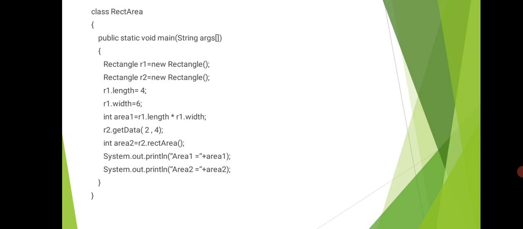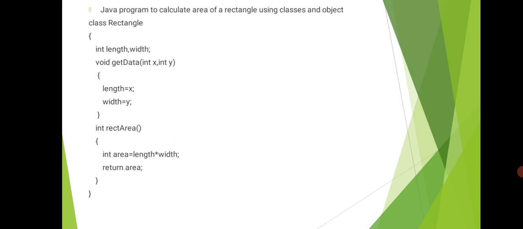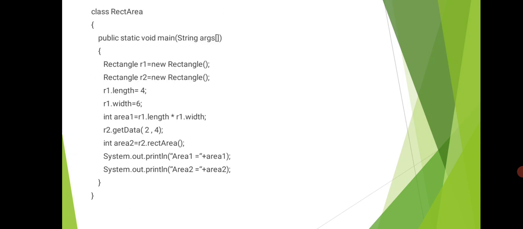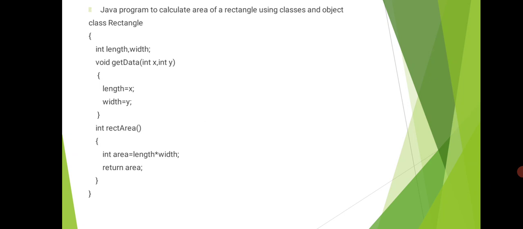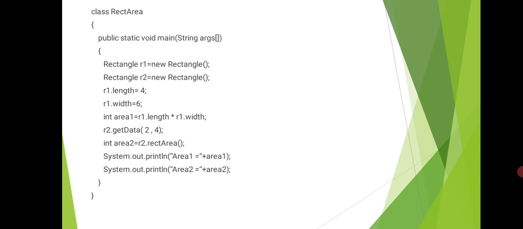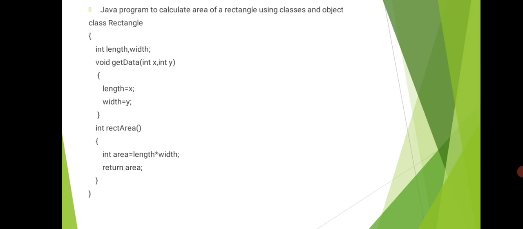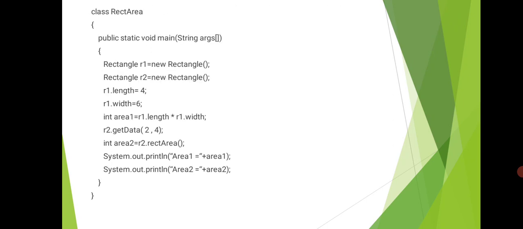So r2 dot rect area means it will invoke this method, rect area method, and in this it calculate the area of a rectangle. r2 in a length width ಎಷ್ಟಿದೆ, that is r2's length is 2 and r2's width is 4. 4 and 2 is multiplied and the result is returned to the ಏರಿಯಾ 2. ಸೊ ಅಲ್ಲಿ ಏರಿಯಾ ಕ್ಯಾಲ್ಕುಲೇಟ್ ಆಗಿರೋದು ಇಲ್ಲಿ ಏರಿಯಾ 2ಗೆ ಅಸೈನ್ ಆಗುತ್ತೆ. ದೆನ್ ವಿ ಪ್ರಿಂಟ್ ದ ಸ್ಟೇಟ್ಮೆಂಟ್ಸ್, ದಟ್ ಈಸ್ ಏರಿಯಾ 1 ಈಕ್ವಲ್ಸ್ r1 ಇನ್ ಏರಿಯಾ ಪ್ರಿಂಟ್ ಆಗುತ್ತೆ, ಏರಿಯಾ 2 ಈಕ್ವಲ್ಸ್ r2 ಇನ್ ಏರಿಯಾ, ದಟ್ ಈಸ್ r2 ಏರಿಯಾ ಈಸ್ ಪ್ರಿಂಟೆಡ್.